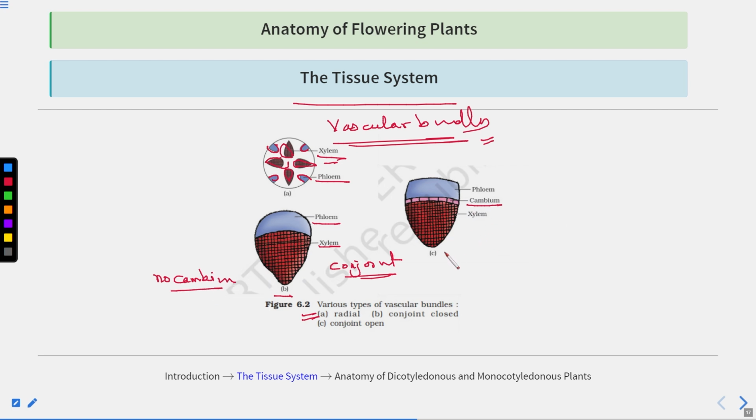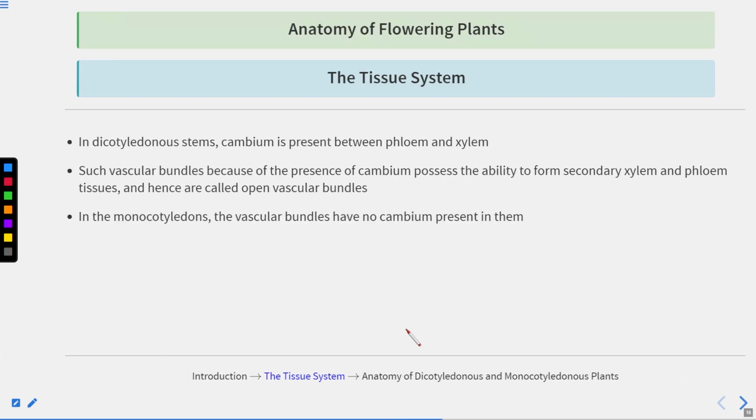Whereas in this form, C, the conjoint open, you can see the cambium is present. So when the cambium is absent, the conjoint vascular bundle is called the closed type. Whereas a vascular bundle where the cambium is present is called the conjoint open, the open type.